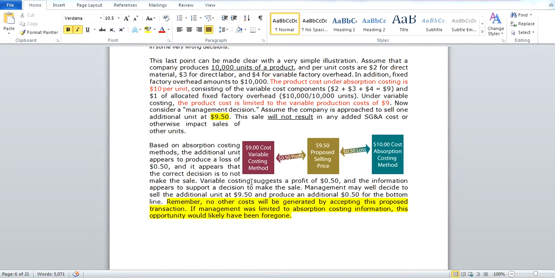And in this particular scenario, because we know that we will not have any additional costs, there is no reason why we wouldn't want to add to our bottom line if we have the opportunity to do so.